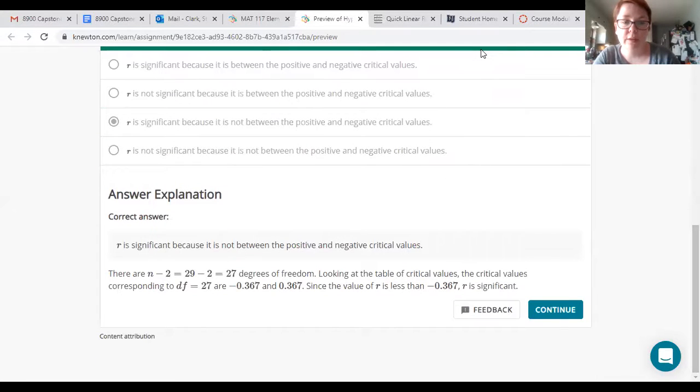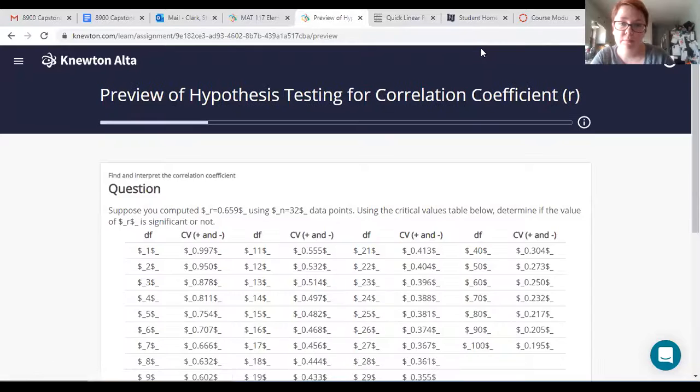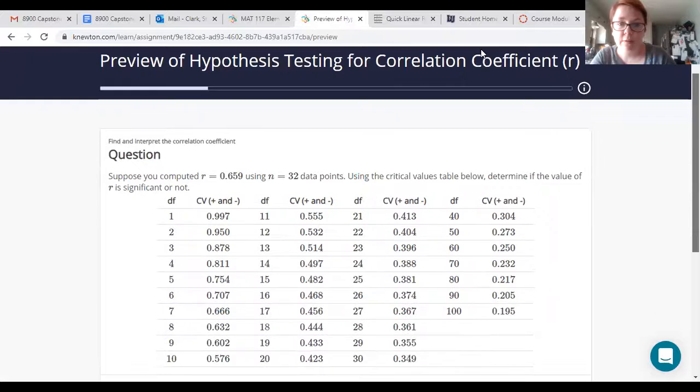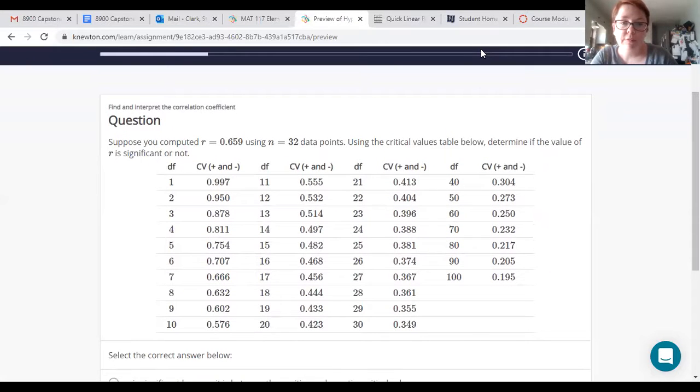And it tells us right there. So same kind of setup. If R is outside of your range of your positive and negative critical value, then you would say that R is significant. And let's do this. Okay, so here we have n equals 32. So 32 minus 2 gets us 30, which is right there.